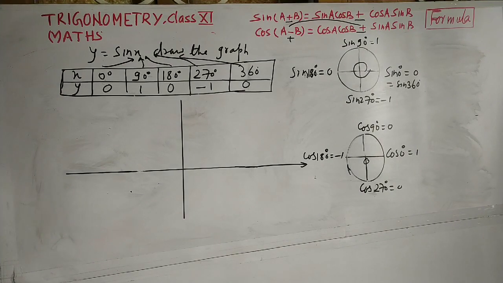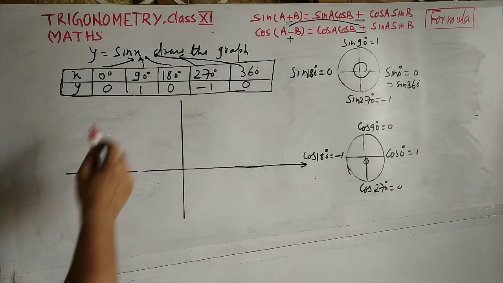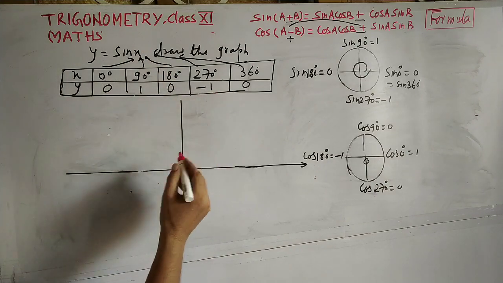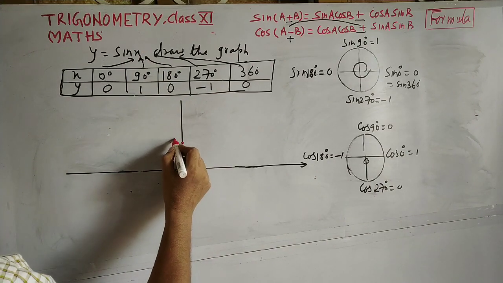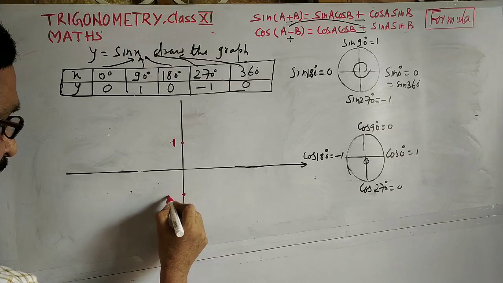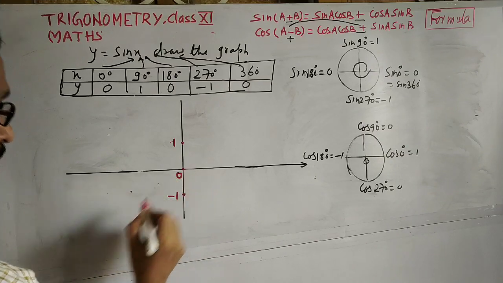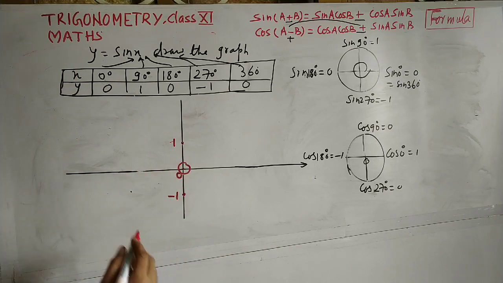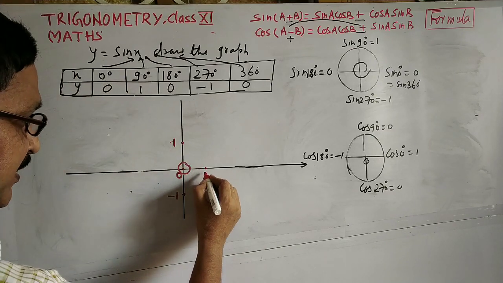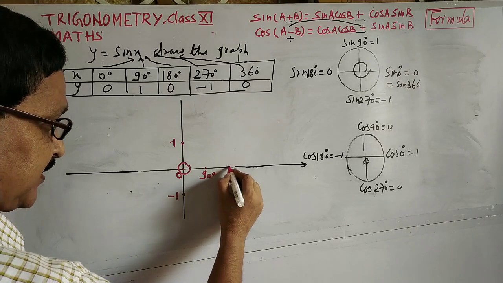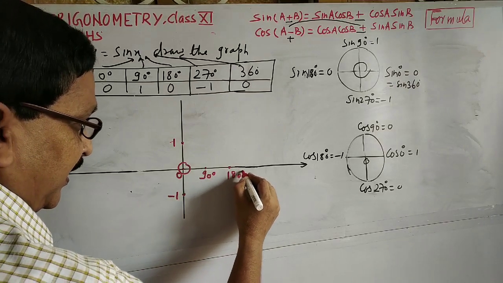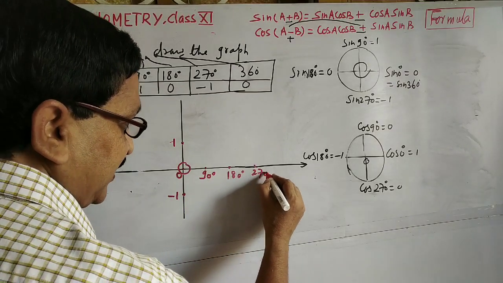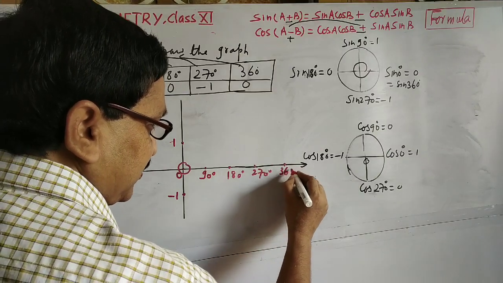First of all, we plot the points on the y-axis: 0, 1 and minus 1. Let this be the point of 1, this the point of minus 1, and this your 0. The first point is 0, 0. Now 90 degree, let this point be 90. At the same distance 180, again at the same distance 270, and again at the same distance 360.